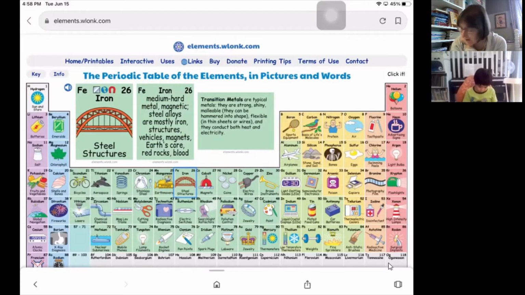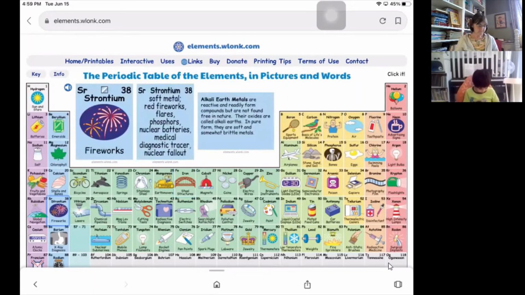Can you find number 38? Yes. You see the fireworks? Yes. 38. This is a soft metal. It's in red fireworks. Let's try number 82.